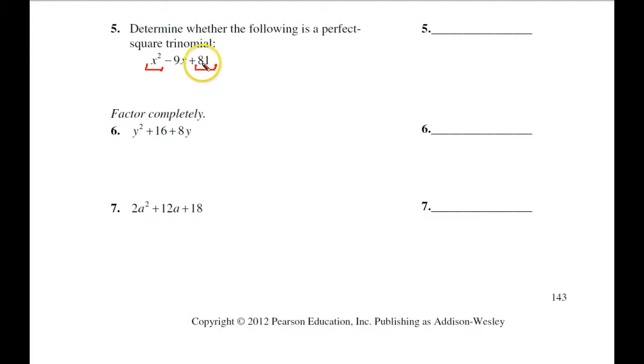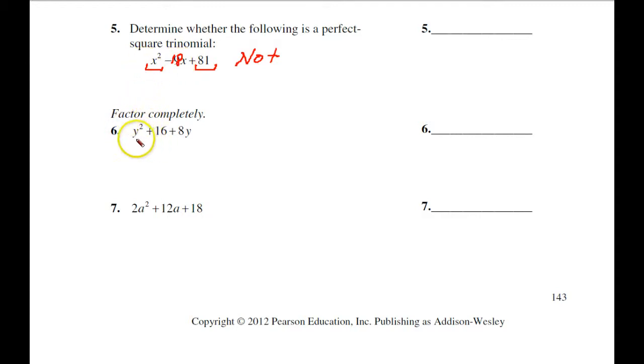The square root of 81 is 9. If we double the 9, we get an 18. So, no, this is not a perfect square trinomial. Now, if this were a negative 18 there, then yes, it would be. But with the 9 there, no.